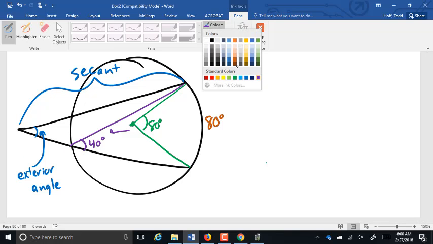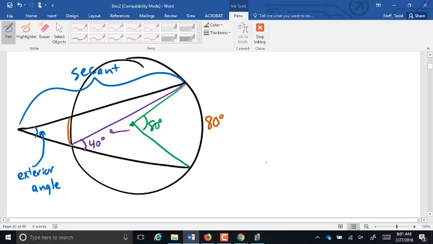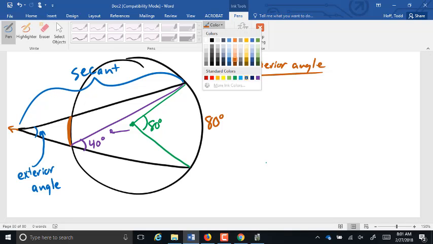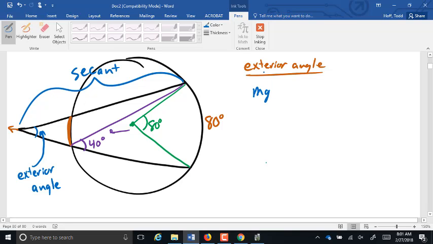Well, how do we figure out how much smaller? Well, it depends on this arc here. The bigger that arc is, the further this exterior angle had to be pulled out of the circle, right? So the way we find the size of that exterior angle, or the angle of intersecting secants, it's sometimes called, is we take the major arc minus the minor arc.